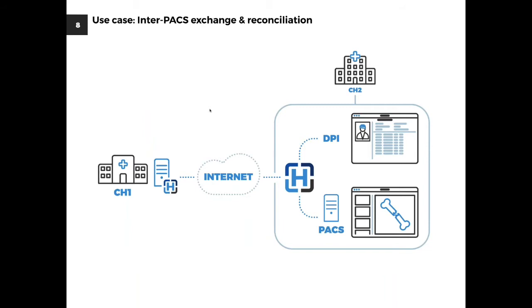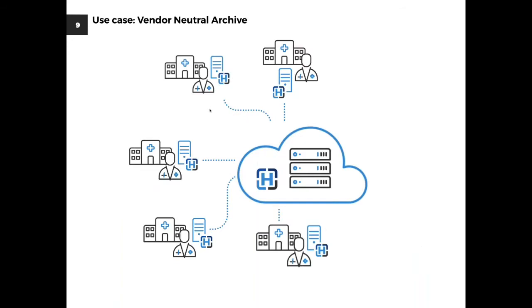So Osimis is the commercial company that runs solutions with mostly Orthanc inside. It basically now enables a hospital to send off DICOM studies to another hospital, and the receiving hospital will basically reconcile the patient in the patient health record, scratch the patient ID in the study, and then store it in a PACS.